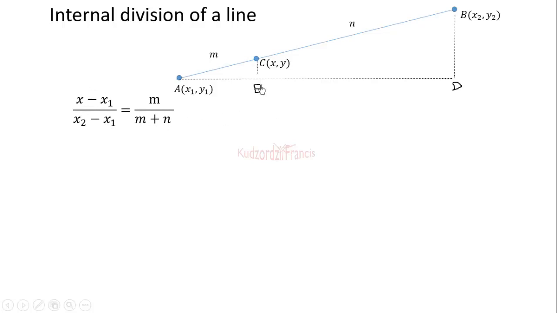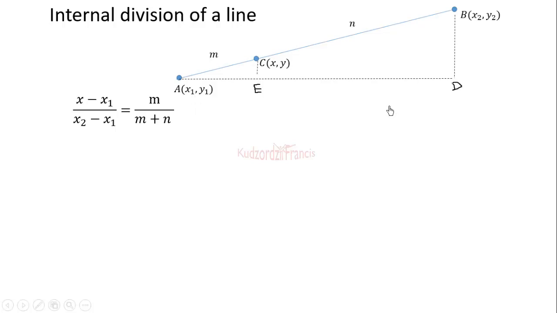And if we take that distance over the distance of the bigger triangle, which is AD, so AE over AD, in terms of coordinates, we have x minus x1 over, so then the x coordinate of D will be x2, so x2 minus x1.